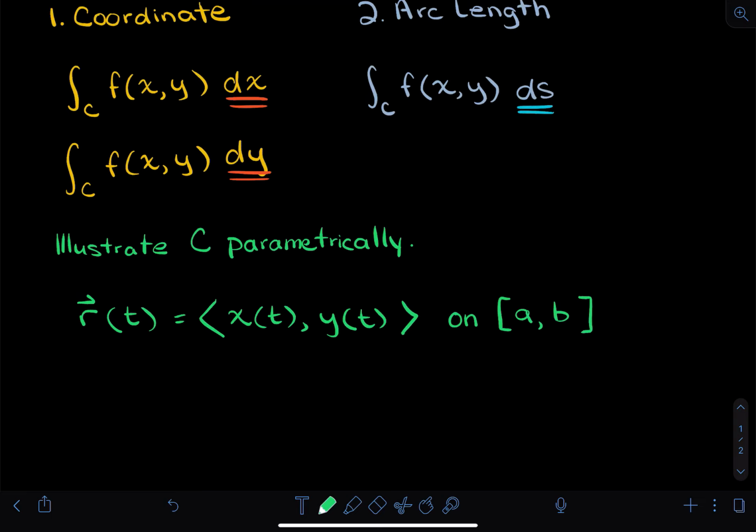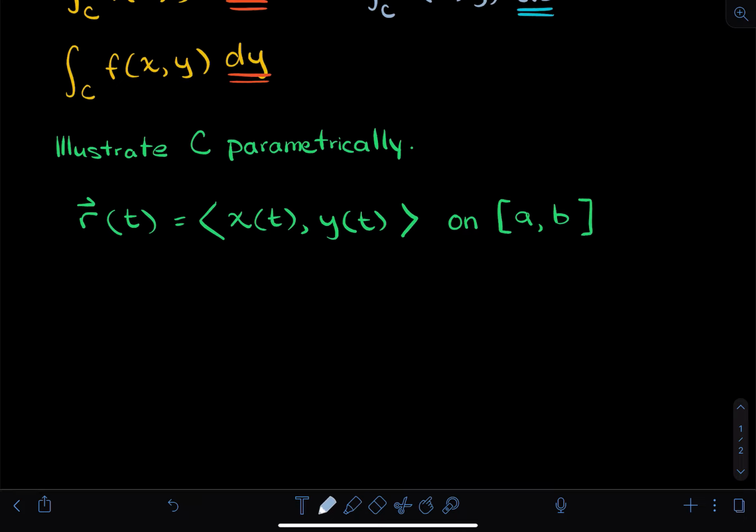Now, once we have all of this, it's actually quite simple. The goal is we want to convert a line integral to a definite integral. So we want to move from a line integral, which is what we'll start with, and we want that to be a definite integral.